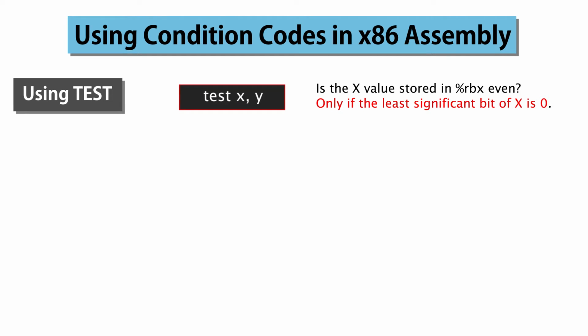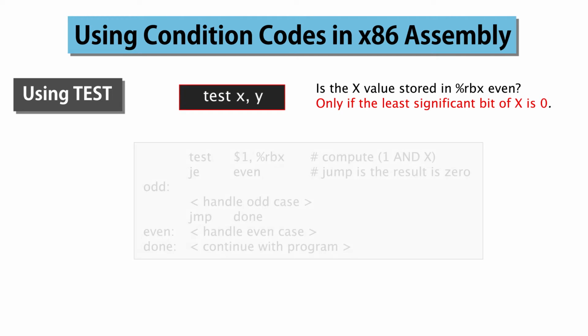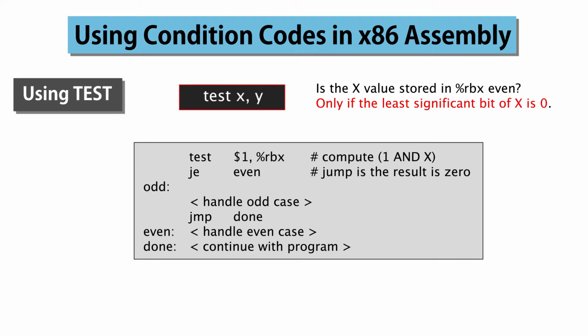We could check this in assembly with the code shown here. The test statement will compute the bitwise AND of x with a constant 1. This will yield a result of 0 if and only if the least significant bit of x is a 0. The result isn't stored, but the zero flag is set, which allows us to branch to the appropriate code to handle the even and odd cases.